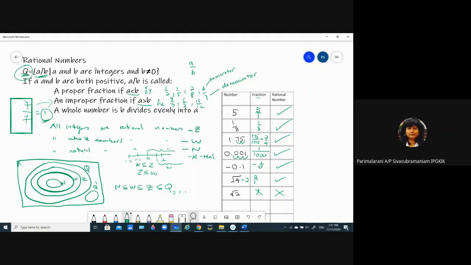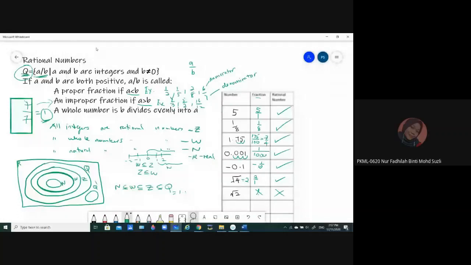Under rational numbers, we have integers, whole numbers, natural numbers. They are all part of rational numbers. Anything that's not part of rational numbers is an irrational number.